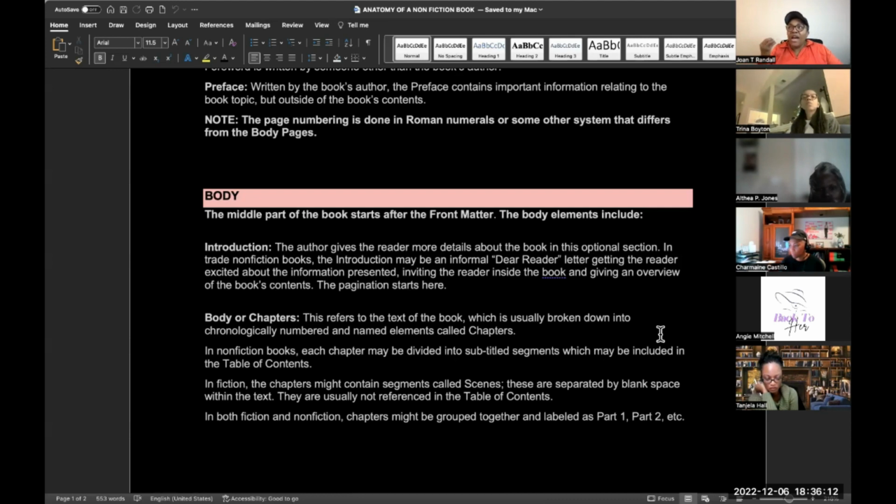Most people try to write the introduction first, but it is not recommended, because you may add information in your book that is highly attention grabbing that you never got to put in the introduction because you wrote the introduction first, right? So just a best practice. Not that you must, but it's a best practice to write your introduction last.